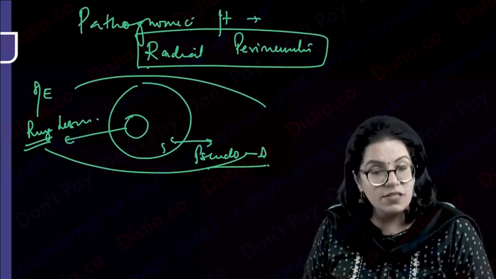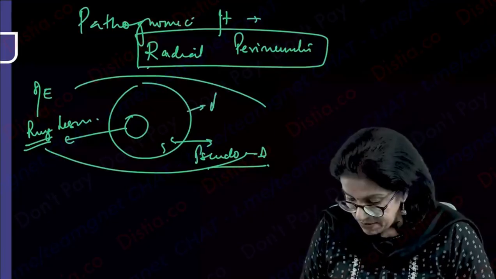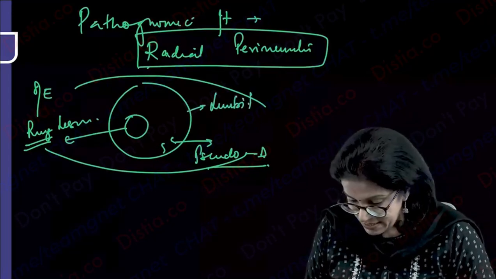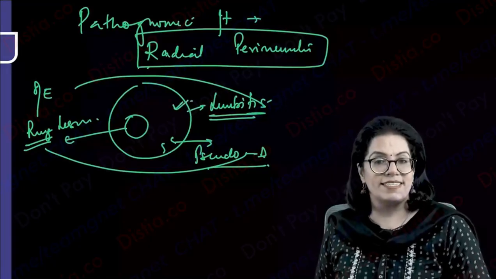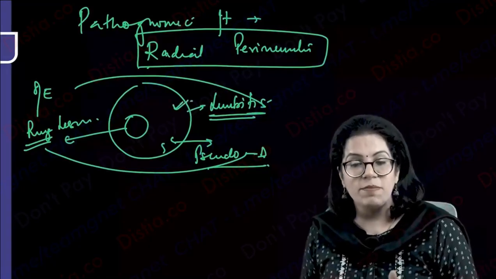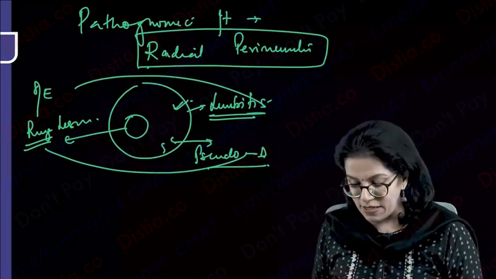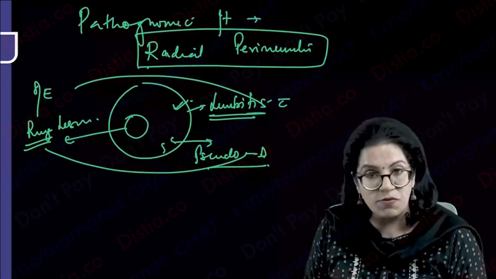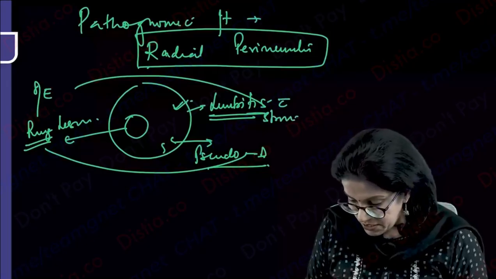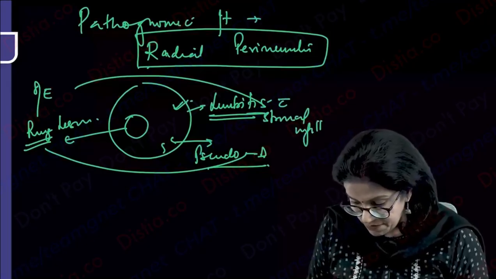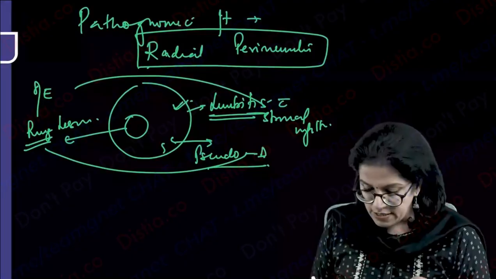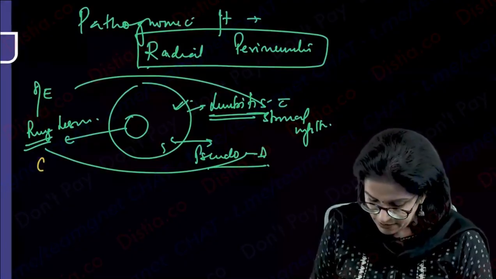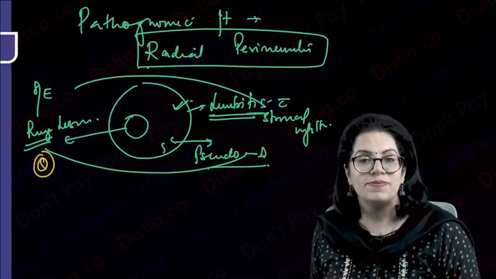Limbitis is another feature. There can be limbal involvement or limbitis with stromal edema and infiltration. So these are some important manifestations of acanthamoeba: limbitis with diffuse or focal stromal infiltration. The most common that you have to learn and ask in the exam is your ring lesion. Correct.